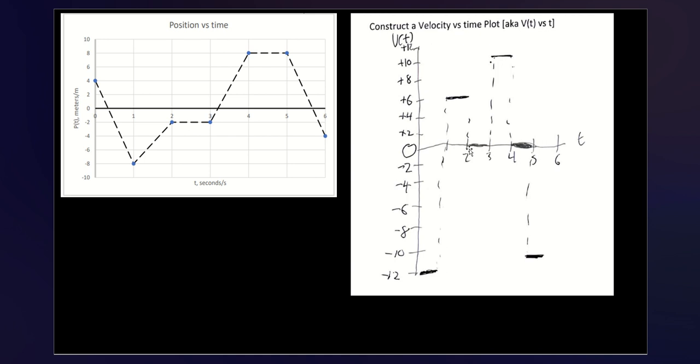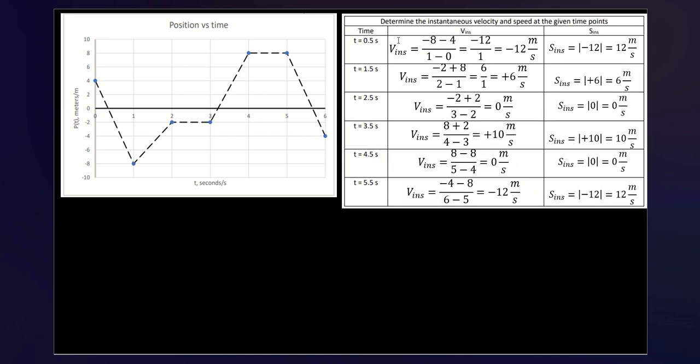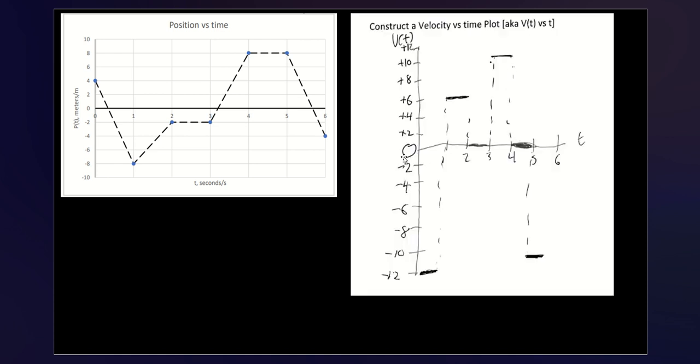Basically, going from our prior graph, we saw that the instantaneous velocities we calculated, the lowest they ever got was negative 12, the highest they ever got was positive 10. So let's just do a chart where the velocity axis goes from positive to negative 12.